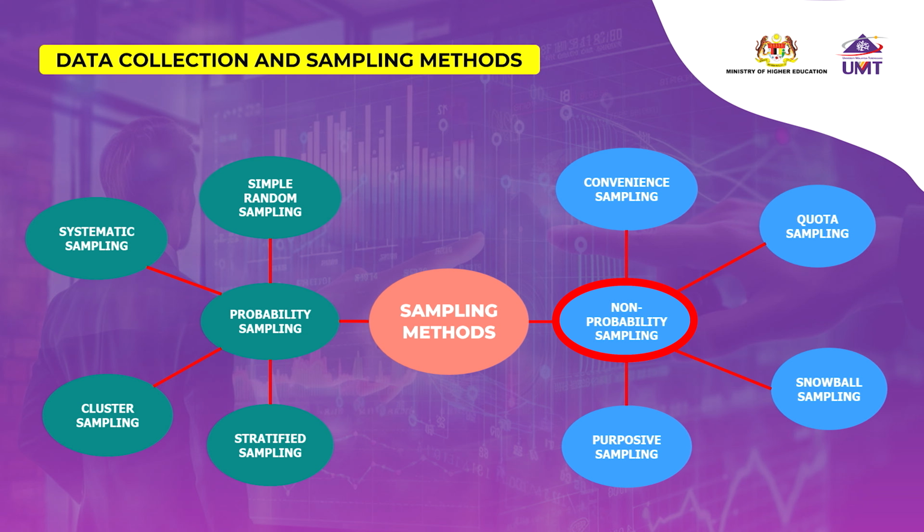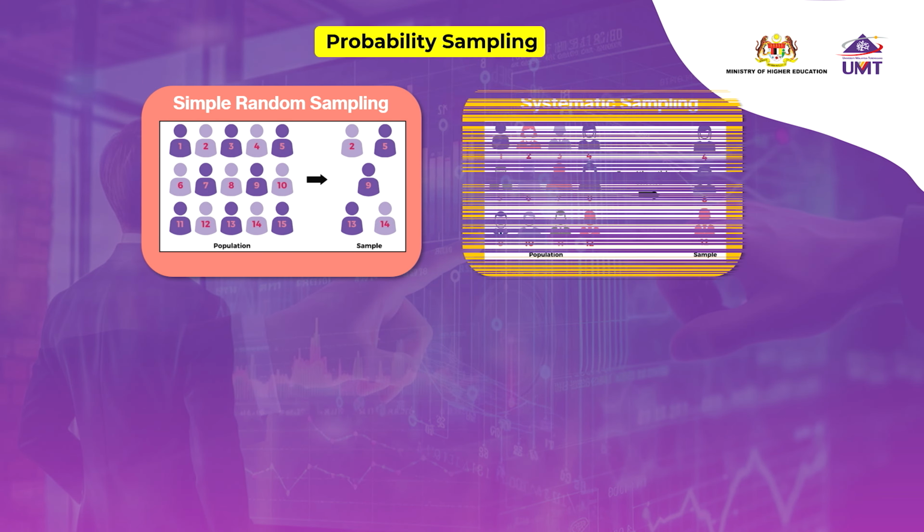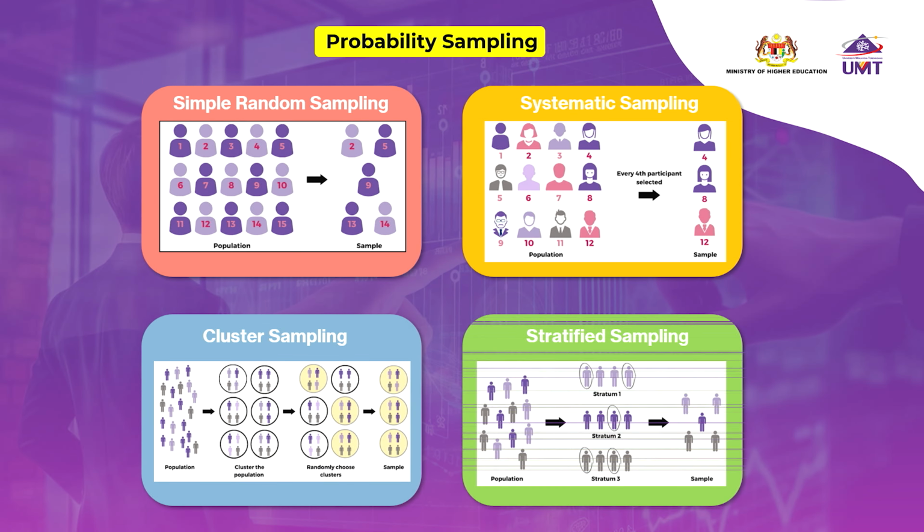Non-probability sampling relies on researcher discretion, making it less random but often more practical. It includes convenience sampling, quota sampling, snowball sampling, and purposive sampling. Probability sampling helps researchers gather accurate and representative data while minimizing bias.